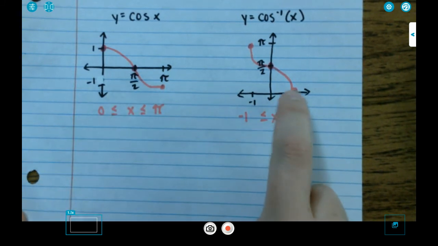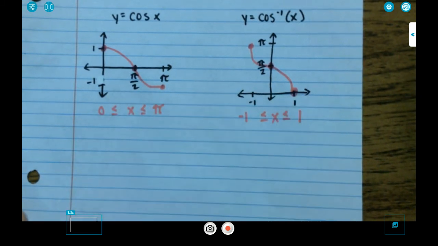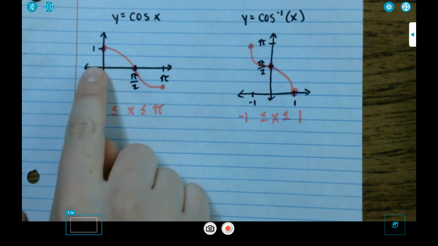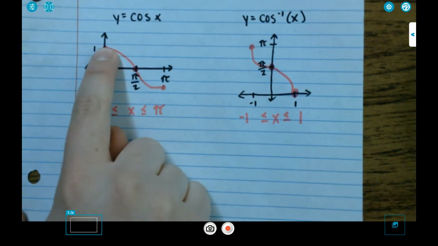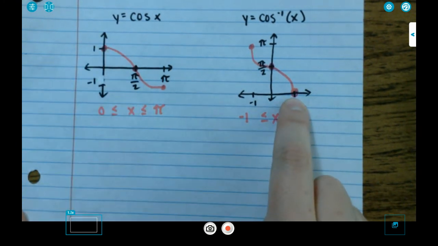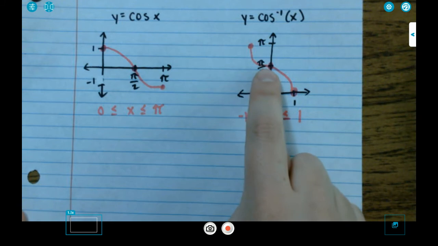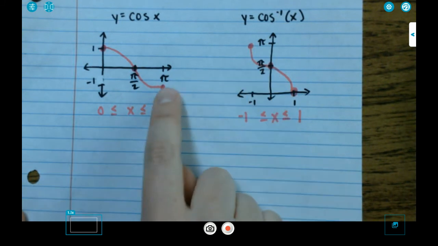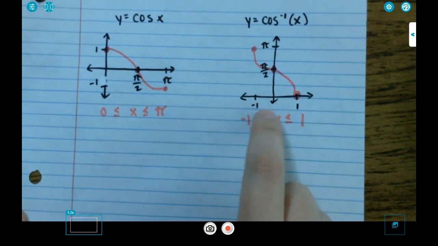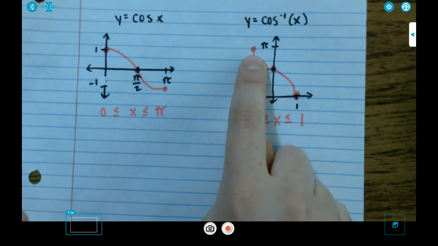This is the inverse of that function, meaning we switched our x's and our y's. So instead of a point at (0, 1), we have a point at (1, 0). Instead of a point at (pi over 2, 0), we have a point at (0, pi over 2). And instead of a point at (pi, negative 1), we have a point at (negative 1, pi).